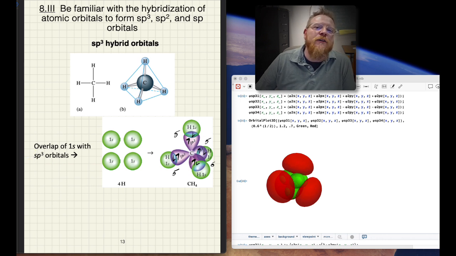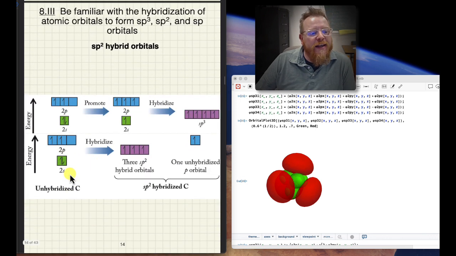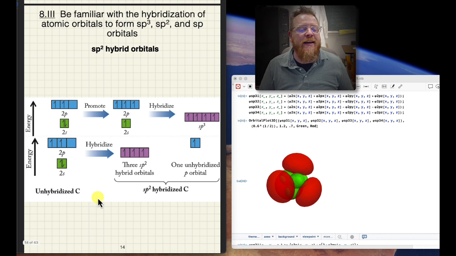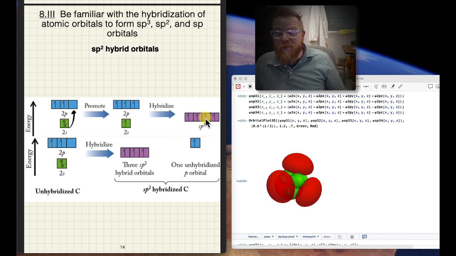Let's quickly now describe what happens with the sp2 and sp. So if I keep using carbon as my example to describe sp2, we have, once again, this same notion of promotion. And recall in the sp3 case, we had 4 unpaired electrons, and we could pair those up to make an sp3. Well, there's another possibility.